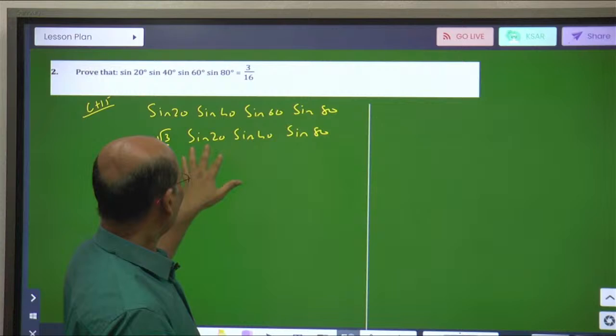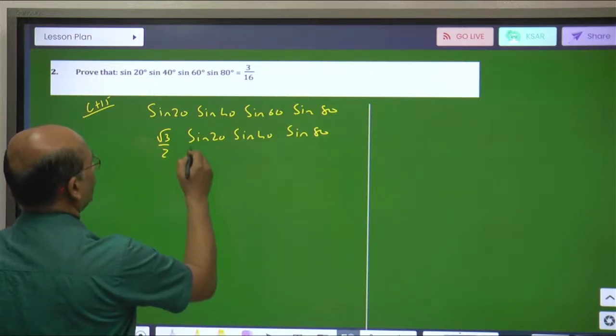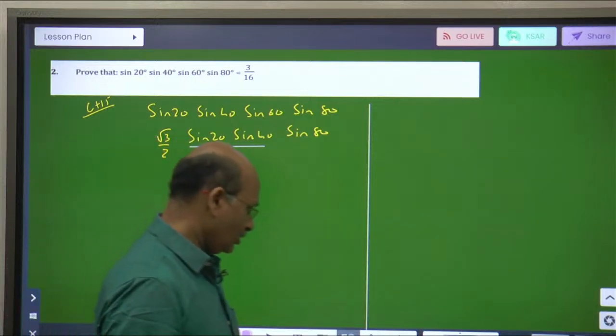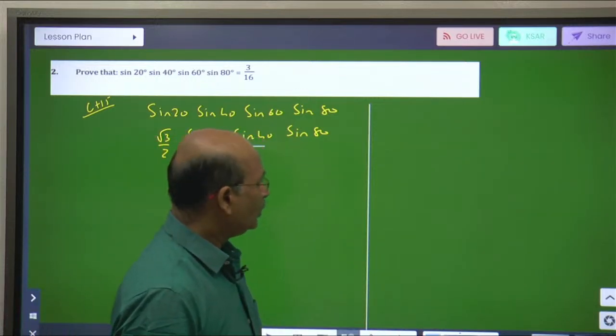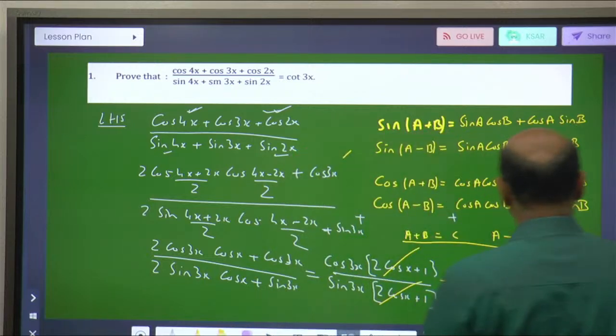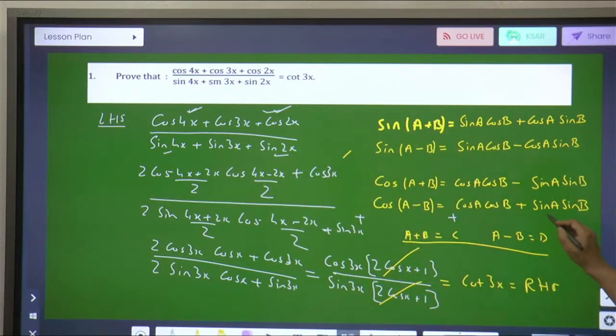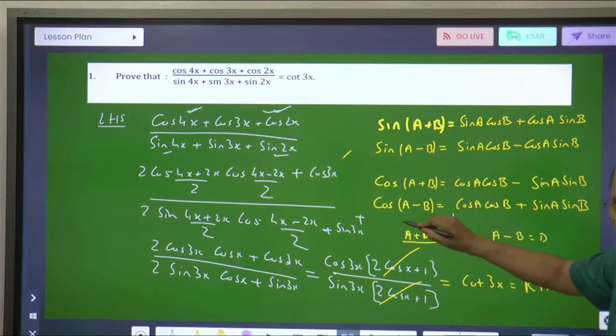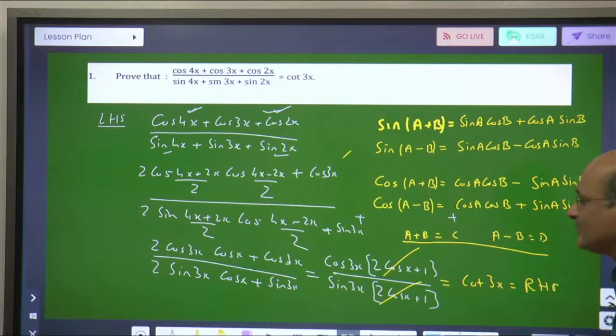Now if you look at the product, you can take any pair. Suppose I pair sine 20, sine 40. Look at this pattern: sine sine is there, so addition of sine means subtraction of cos. I will just tell you about the sine sine formula now.